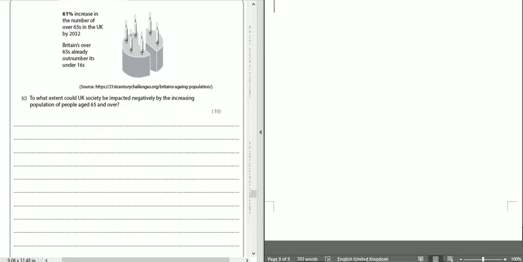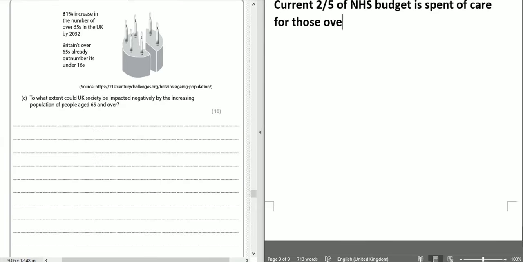So some of the ideas I have here is that currently 2/5, or I suppose in this case 40% of the NHS budget is spent on care for those over 65.